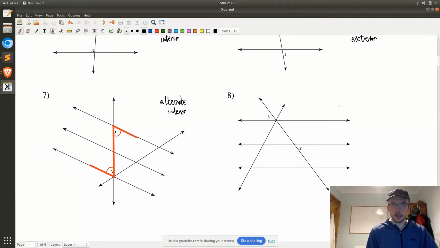Angle X and angle Y are alternate exterior angles. I'll point out the transversal.